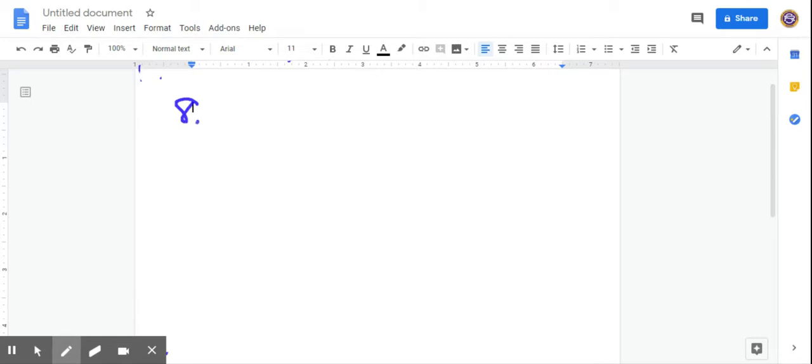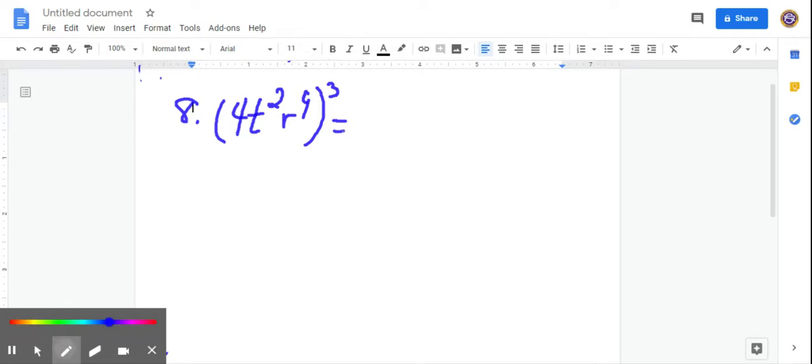Okay, so we have 4, quantity of 4t squared r to the 4th power, quantity cubed. So again, remember that there is a 1 on that 4.